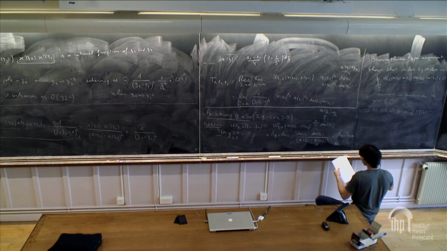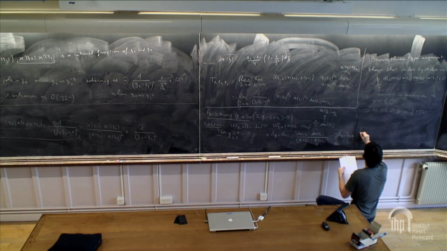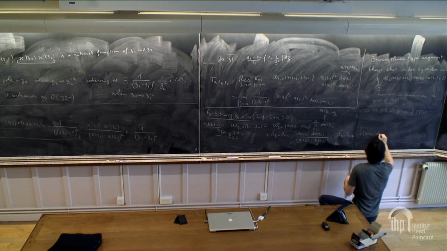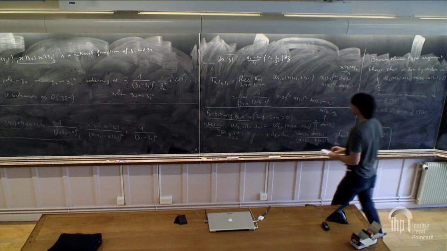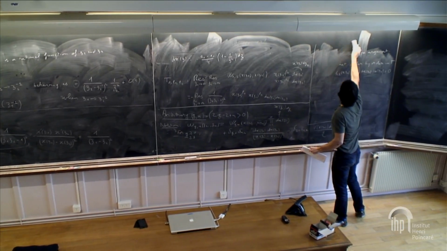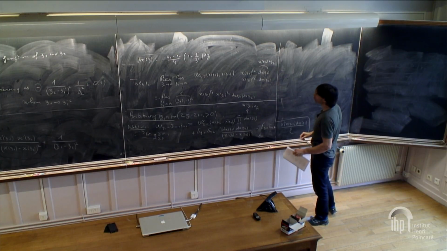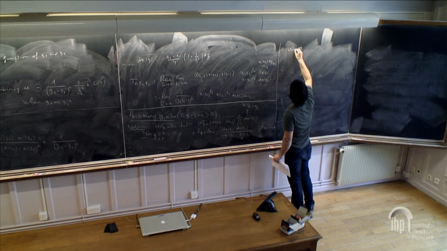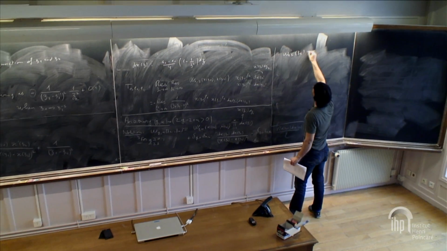I remove 1/2 of g prime of x of z1, dx of z1, divided by 2. No, the previous lectures were devoted to computing that.